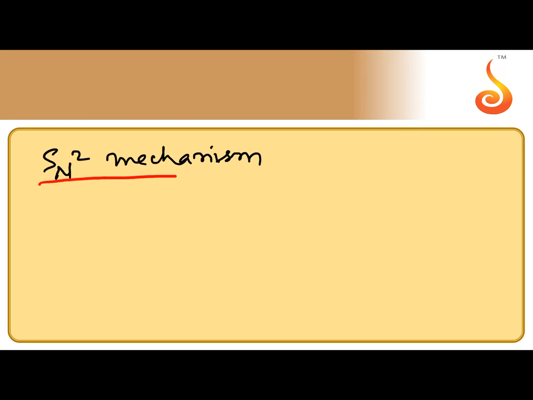Similar to that, SN2 mechanism: nucleophilic substitution reaction bimolecular, or you can write it as bimolecular nucleophilic substitution reaction, is called SN2 mechanism. Example for this SN2 mechanism, hydrolysis of methyl chloride. First you have to write the definition followed by the example, and then you have to explain the mechanism.